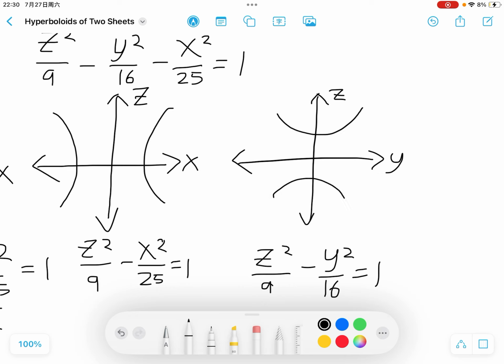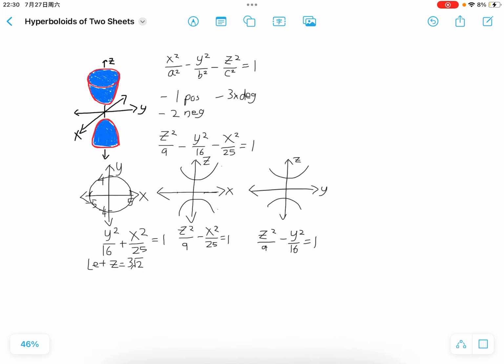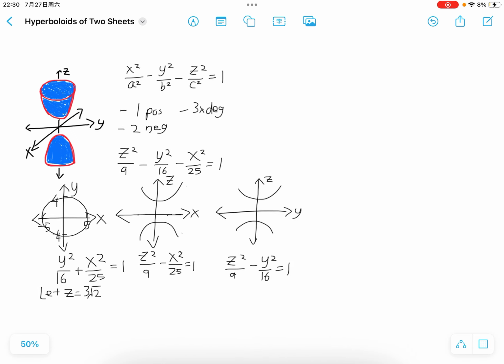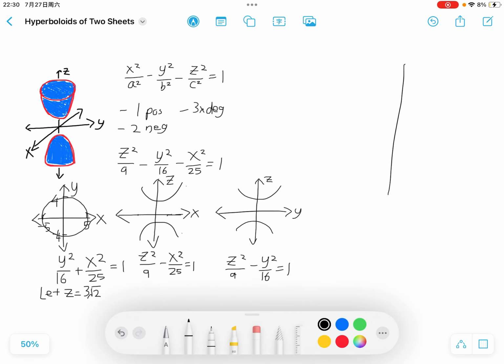No, oops, I made a mistake. It's something like that. And also this hyperbola is like this, because we have the Z term to be positive, so my bad. And if we combine the 3 points of view, then we basically get this graph here.